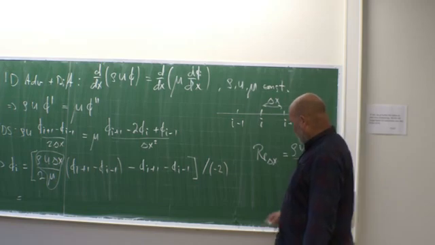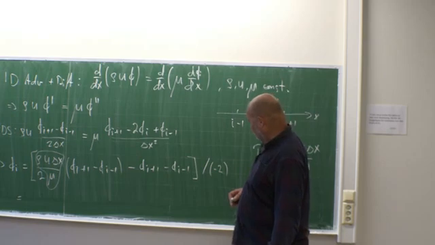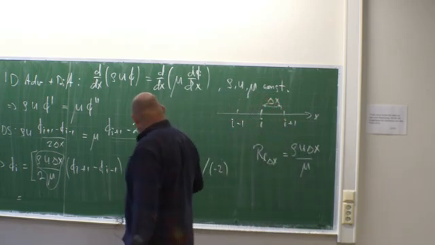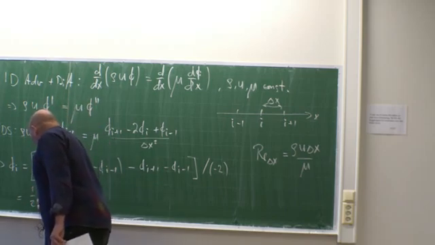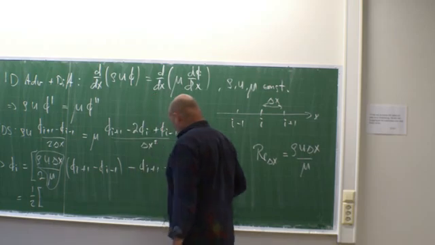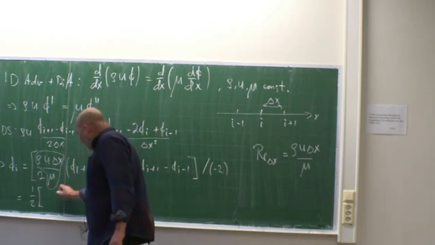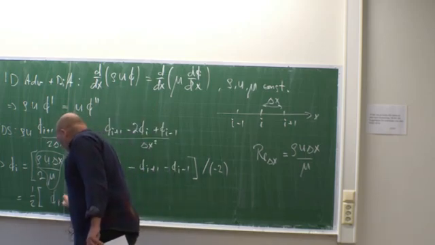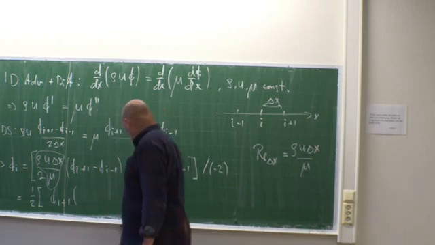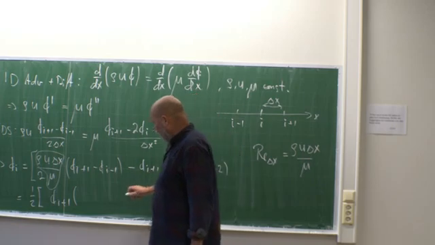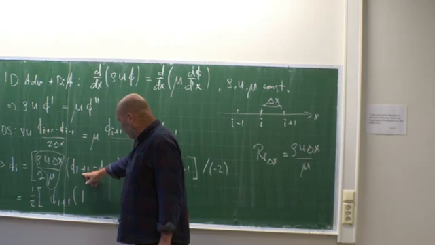Now we have to divide by minus 2. So we should have something like 1/2 on the outside at least. The minus goes in. Then we have phi I plus 1. What is it multiplied with? I have one of him here, and then I have one of him here as well.